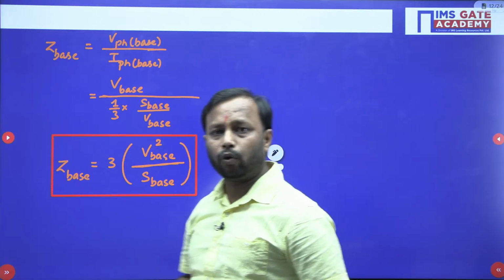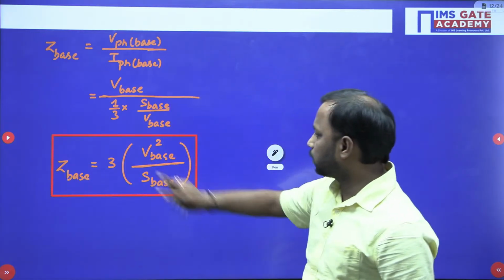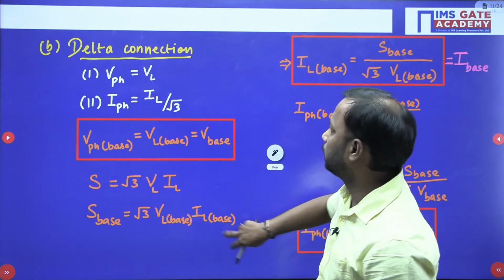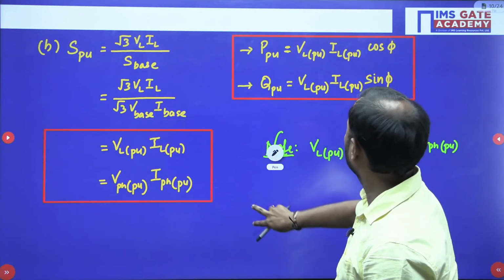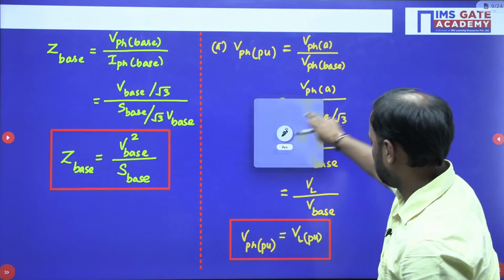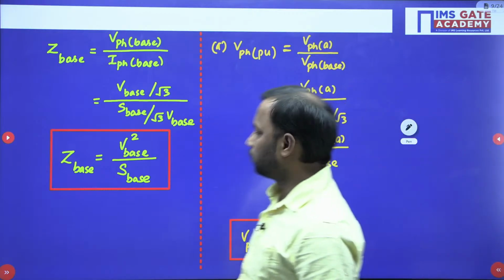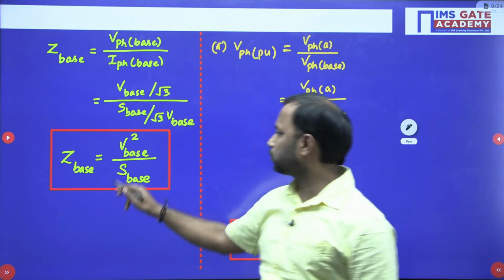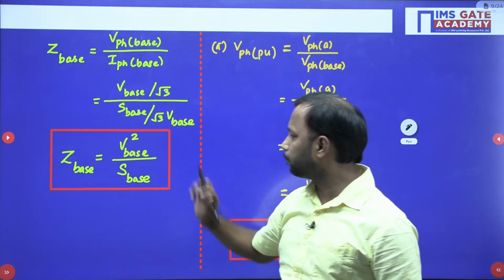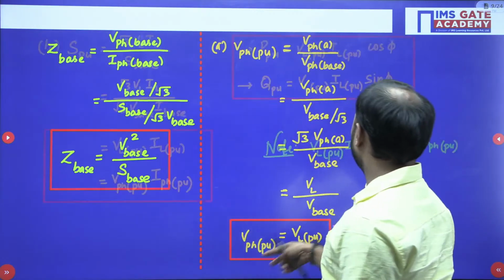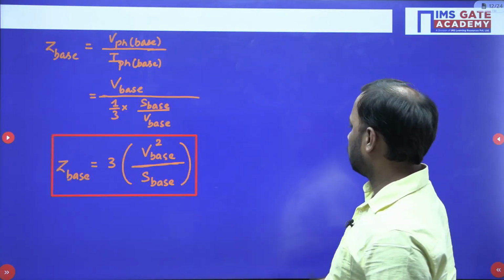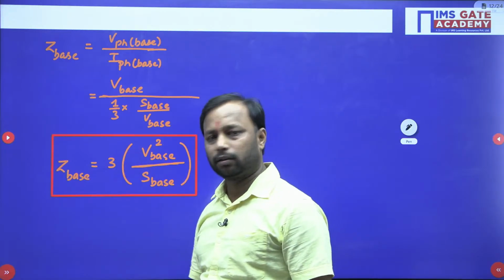Now, if you observe this Z base of delta and of your star, Z base of the star was V base square by S base, but in delta you have 3 as a factor.